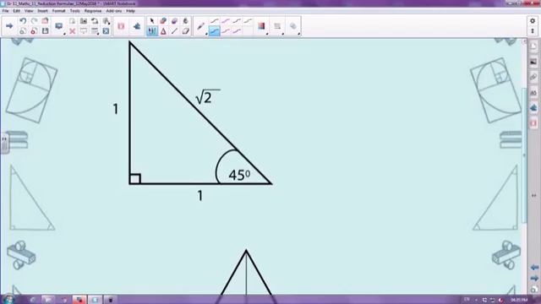when you are working with 45, say for instance, you need to know what sine 45 equals. You know that sine is opposite over hypotenuse, so that's going to be 1 over the square root of 2, or you can just rationalize the denominator, and then you get root 2 all over 2. Same thing applies to cos.